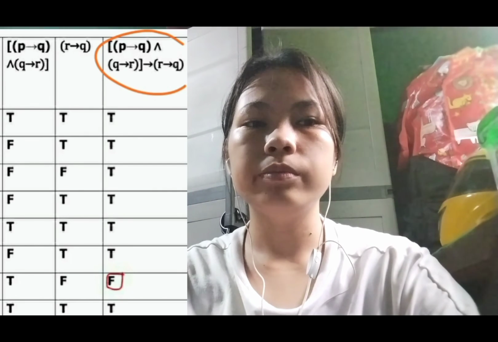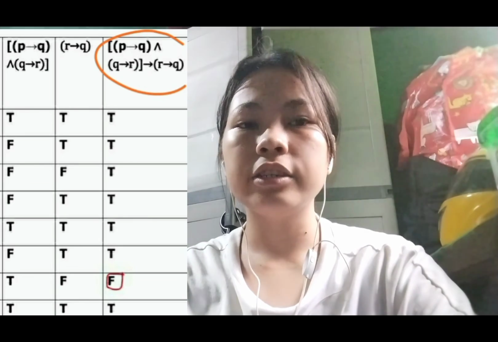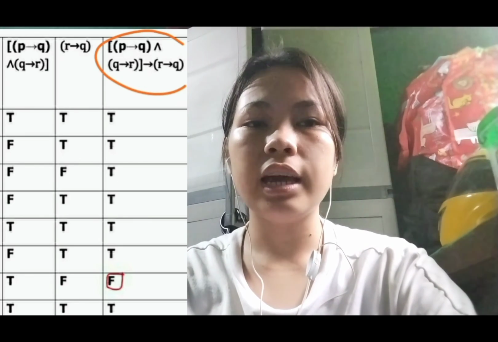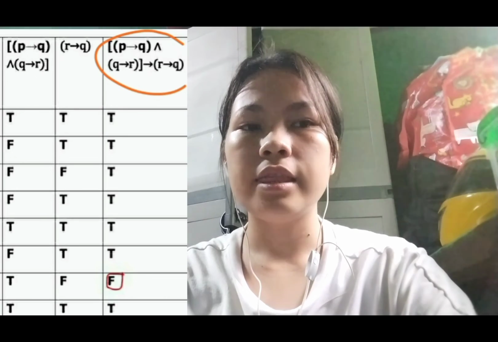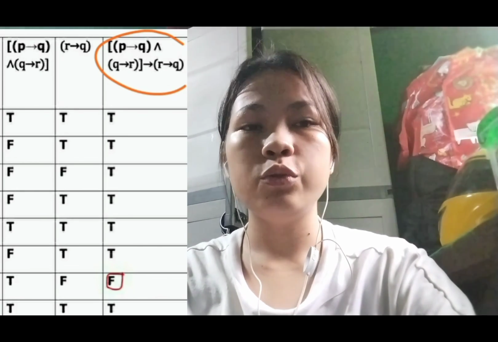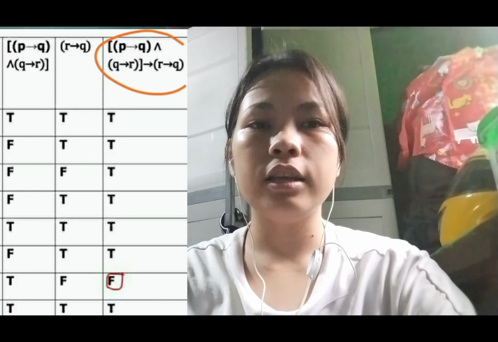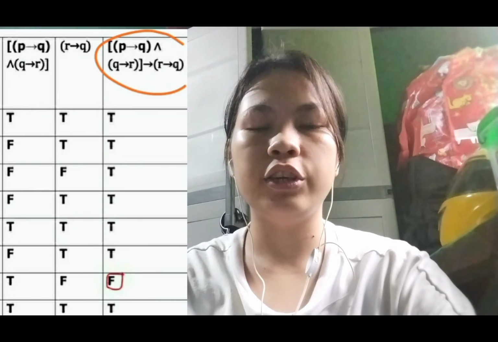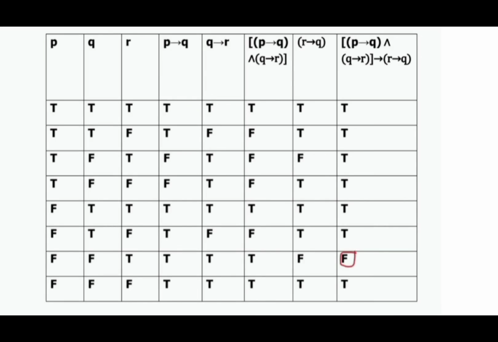Our last column is the entire statement. So we put together the P then Q and Q then R, with R then Q. False and true is true, false and false is true, false and true is true, true and true is true, false and true is true.